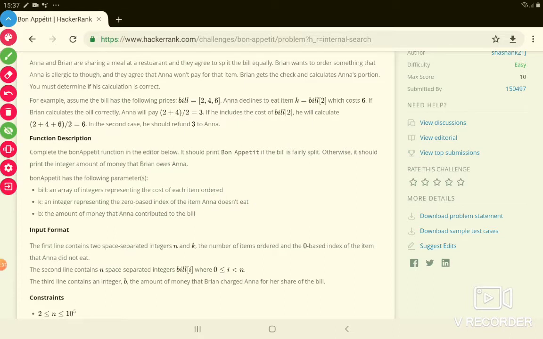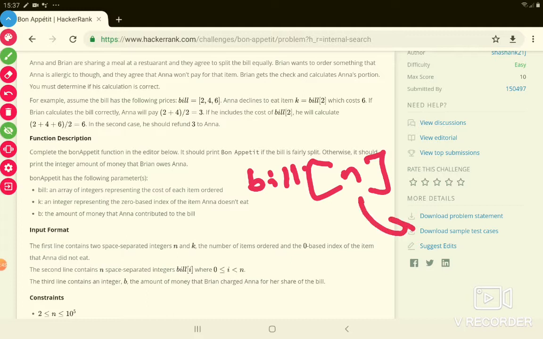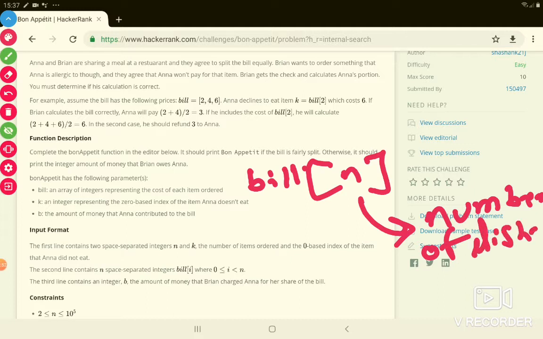The bonAppetit function takes the bill array, which is of size n. N is the number of dishes. K is a zero-based integer, the dish which Anna doesn't eat because she is allergic to that dish.